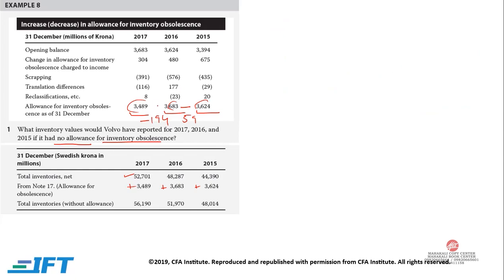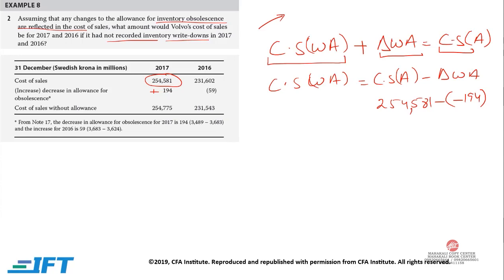Over here the valuation allowance decreased by 194. So if the valuation allowance in 2017 is decreasing by 194, we are going to add it according to this equation. In 2016 we are going to subtract it. Why? Because the valuation allowance increased. So this is our cost of sales without allowance.